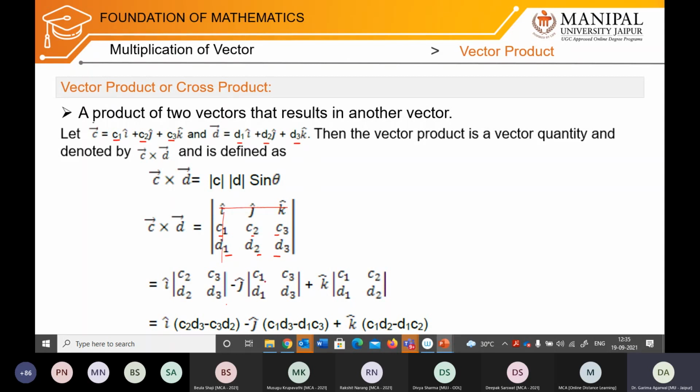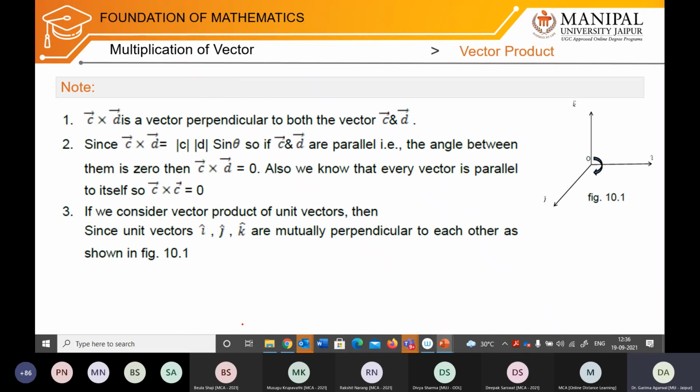That should be in alternate plus minus, that means minus j cap. Again hide this row and column in which j exists and write the remaining terms in the determinant. Similarly for k cap. Then the coefficient of i cap is C2 times D3 minus D2 times C3. Similarly for the remaining terms. So this is the cross product.